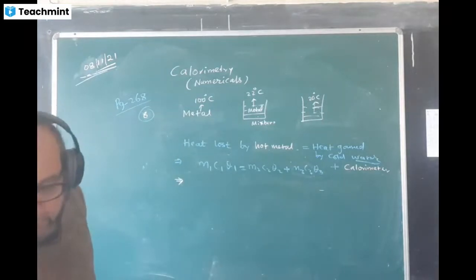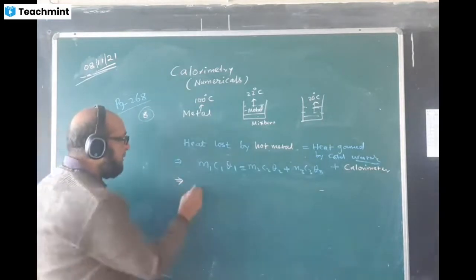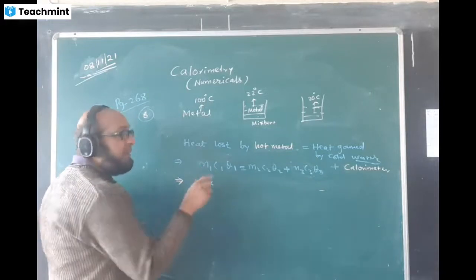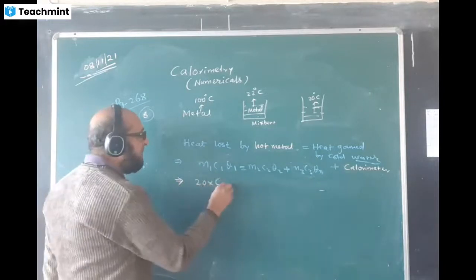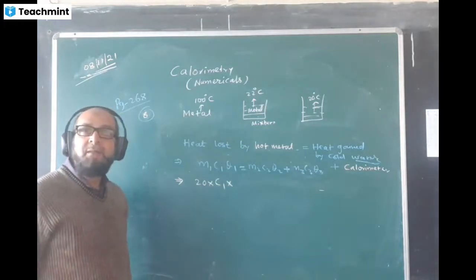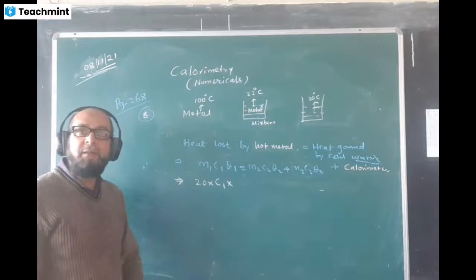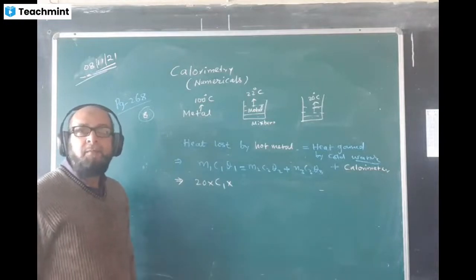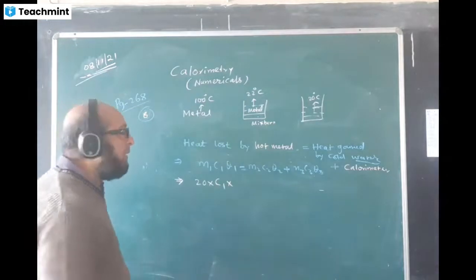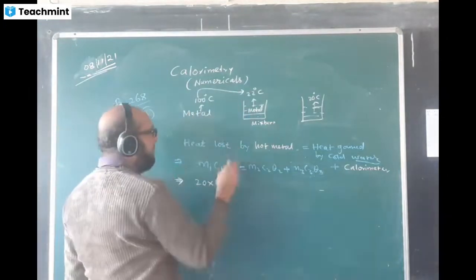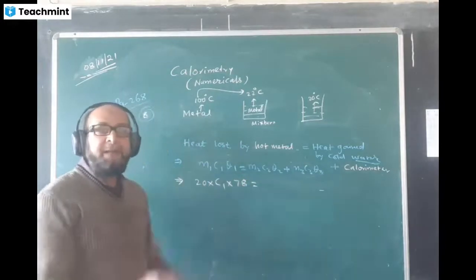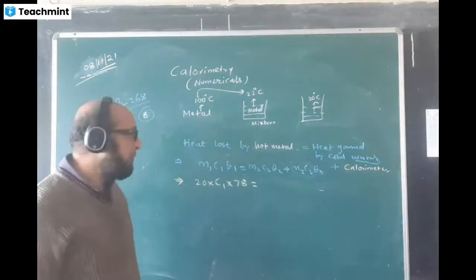Mass of the metal is given, 20 gram. Specific heat capacity of metal is not given, and the question is asking to find that. I'll write C1 as it is. Theta 1, can you tell me what is the value of theta 1? Temperature difference is how much for metal? 100 minus 22, good. 78. That is, this minus this you will do. I'll write directly here. If you are not sure, within bracket you can show this 100 minus 22.